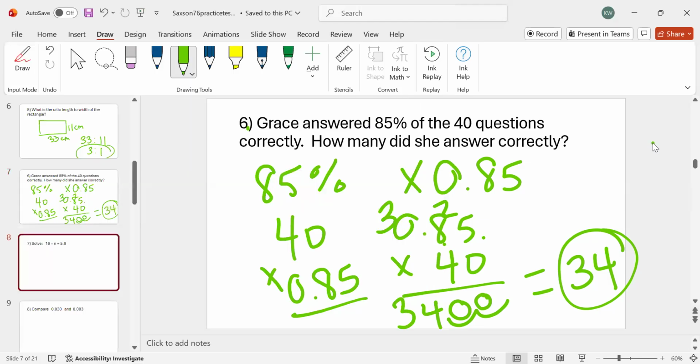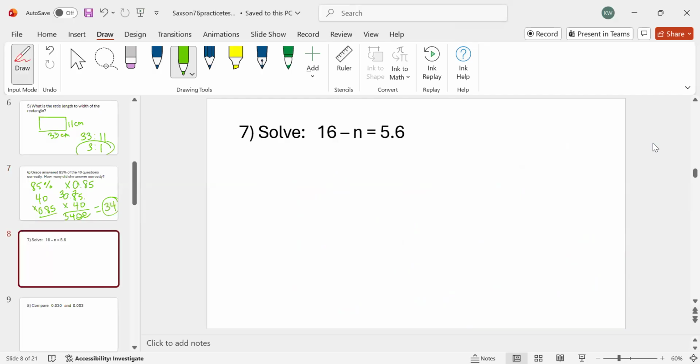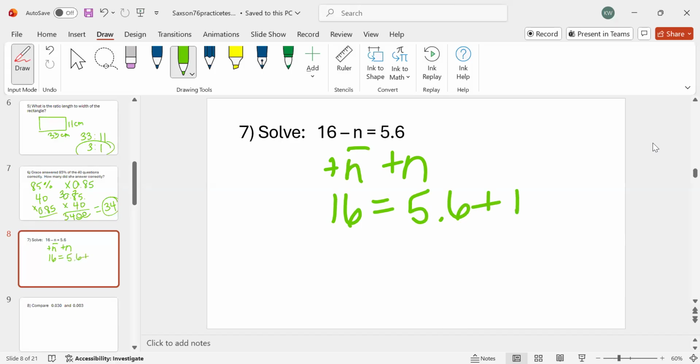Okay. We need to solve the equation 16 minus n equals 5.6. So we want to find n. All right, so we're going to want to get that equation so that n equals everything else. So this is a minus n, so we've got to add n to both sides. And so we then have 16 is equal to 5.6 plus n.